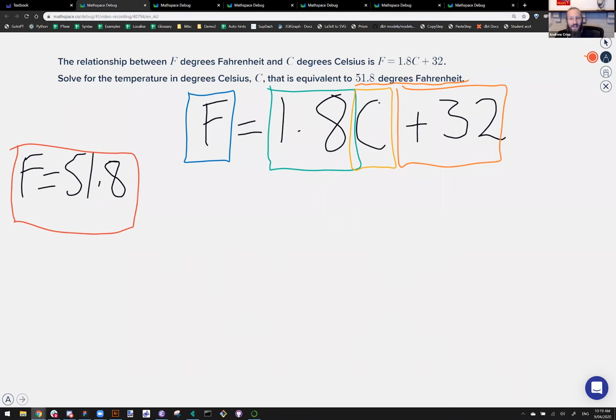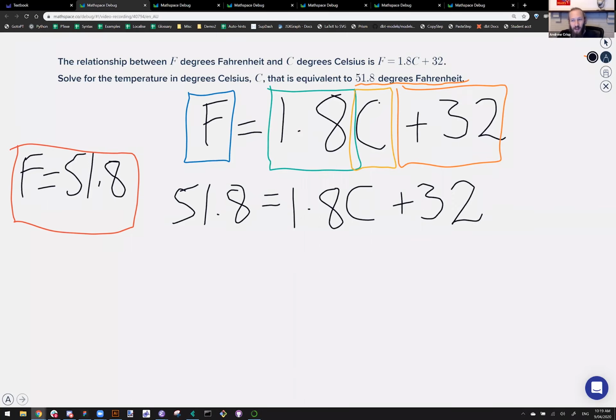So just like I did in the last question, whenever I see F in the original, I'm going to write 51.8. Okay, let's do it. F, that's 51.8 equals. And then the rest, none of these are F's, so I'm just going to write it again. 1.8 C plus 32.